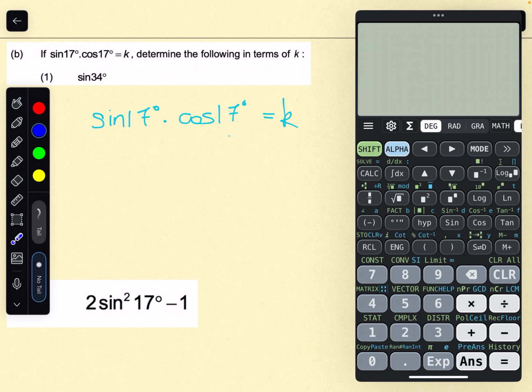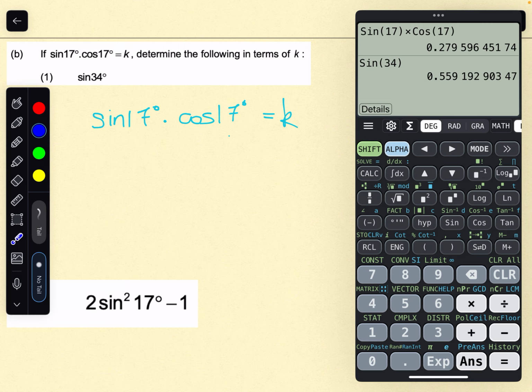They haven't said without a calculator for this question, so you really could use your calculator, but that would not be the beautiful way to do this problem anyway. So k is this number, 0,279596. Then if you calculate sine 34, you'll see that it's equal to 0,559192, and then you can try and figure out what the relationship between these two numbers is.